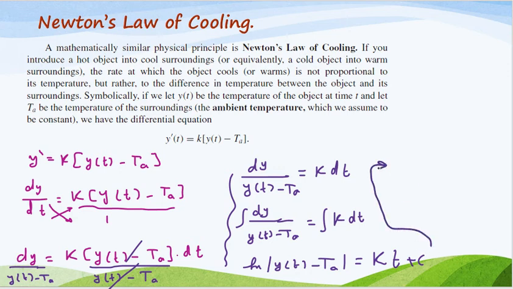So we can write y of t minus Ta is equal to e to the power kt plus c.